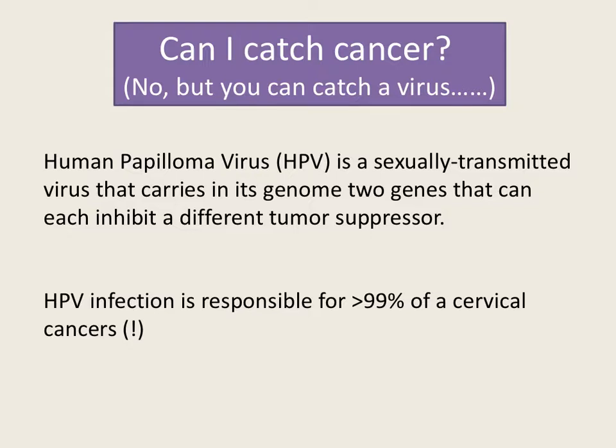That's why it's sexually transmitted. Unfortunately, the HPV virus has two genes that can each inhibit a different tumor suppressor system. In other words, it turns off the tumor suppressor genes, and then tumors eventually show up.